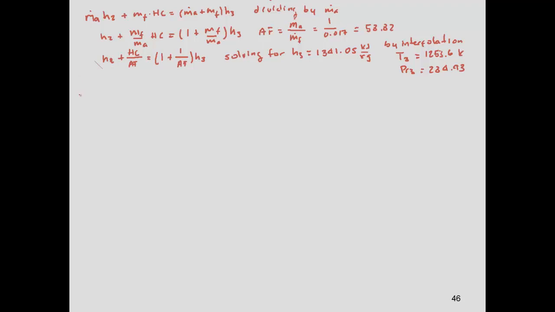So we can define state 4S by doing our isentropic relation, PR4 over PR3 equals P4 over P3.